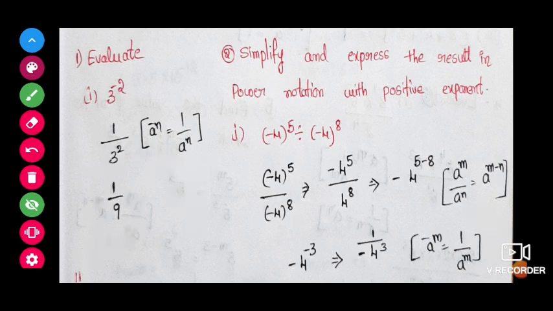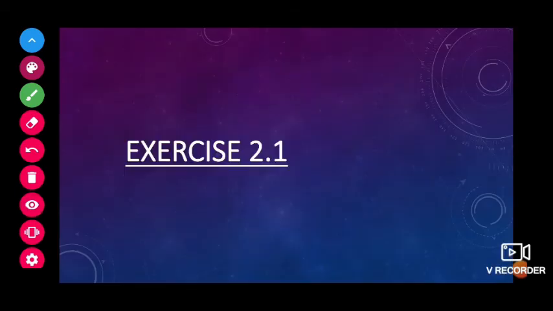Next one, minus 4 to the power 5 divided by minus 4 to the power 8. Whenever we are taking exponents, one more thing I forgot to discuss.